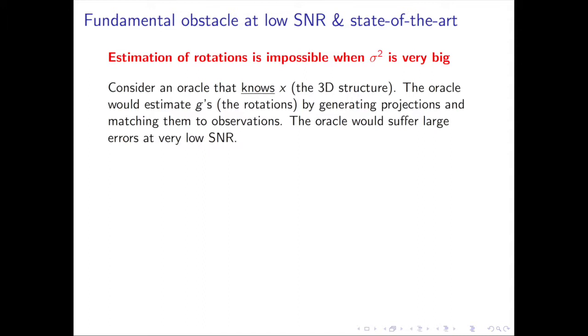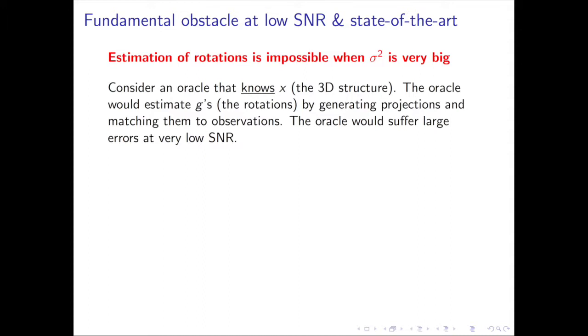So let's think about maybe the most natural way we could solve this problem. What we might try to do is estimate each unknown group element per observation. And so we might try to estimate each rotation for cryo-EM or each shift for MRA, observation by observation.